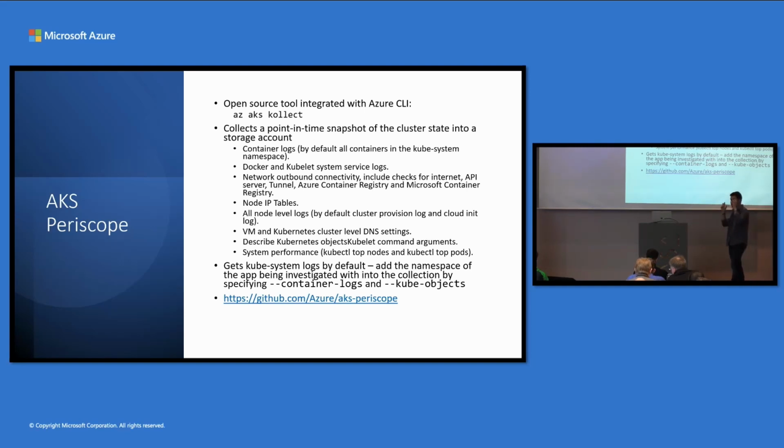It basically takes a snapshot of your cluster with a lot of this information: IP tables, the connections that were happening, the state, does it connect to ACR, can it connect to the API server? So just a snapshot of the cluster, and then you upload it to whatever location you want, like a storage account, and then you can provide that to support or not.